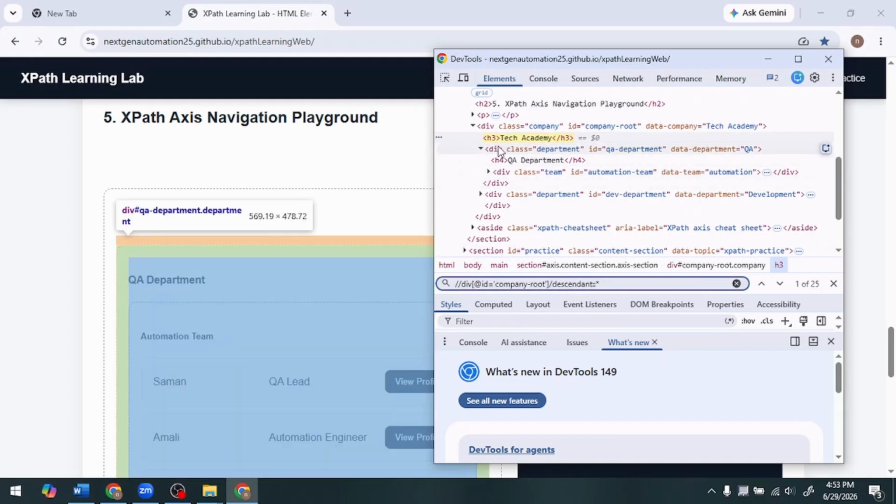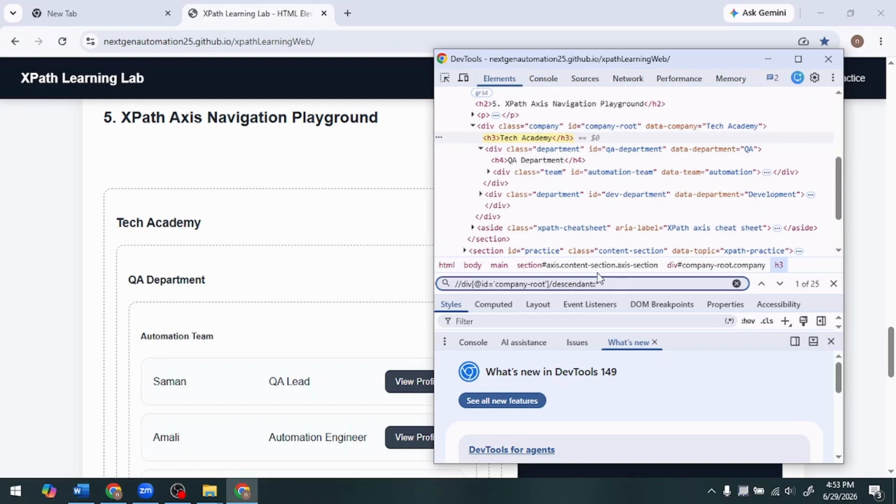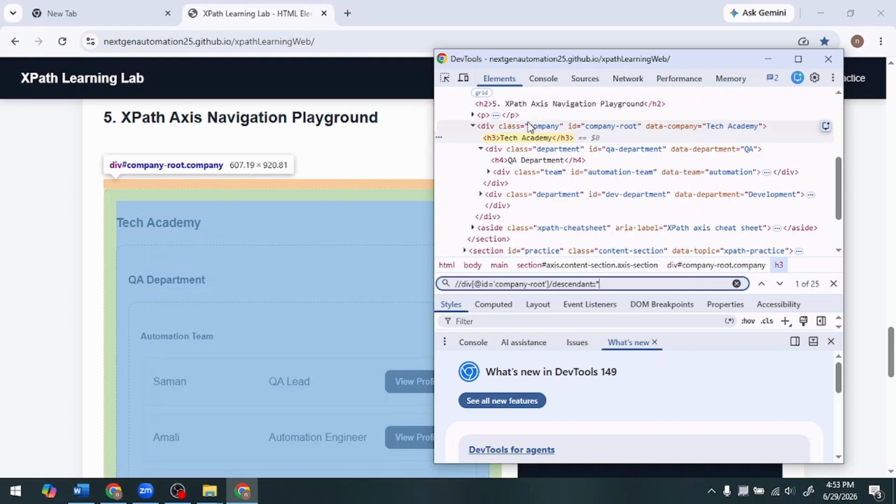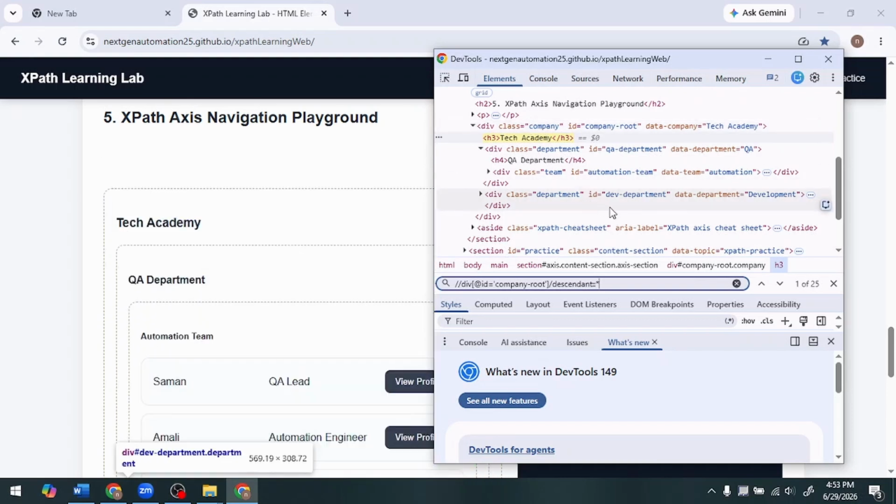So descendant means it should be a child or a grandchild of this specific div.